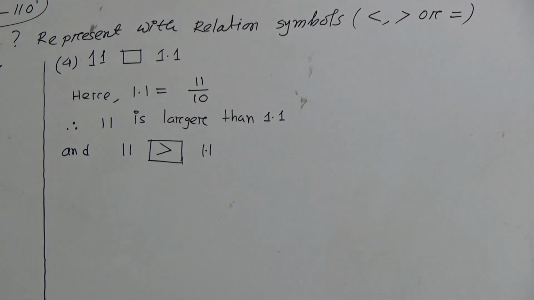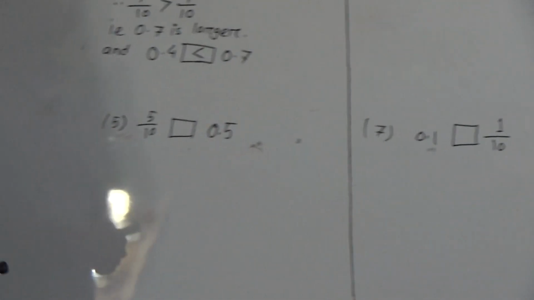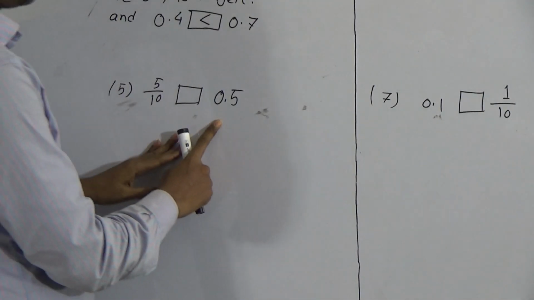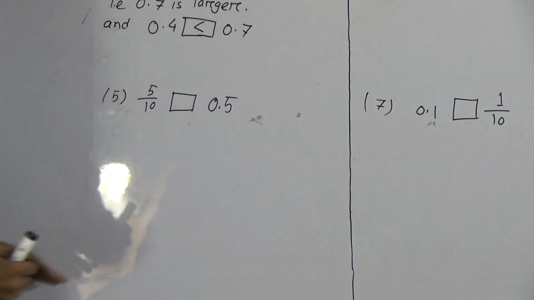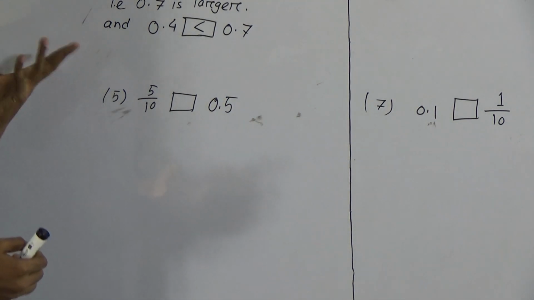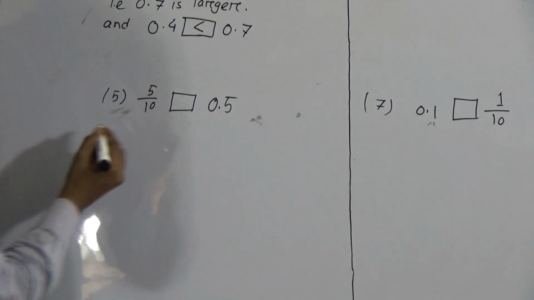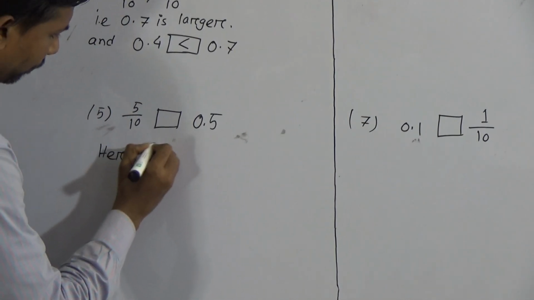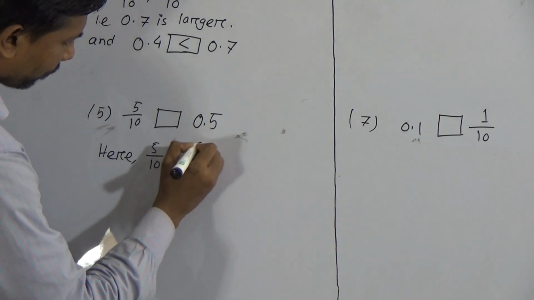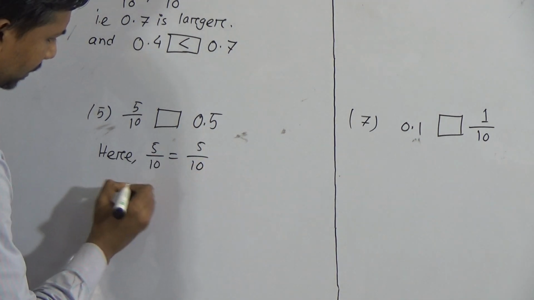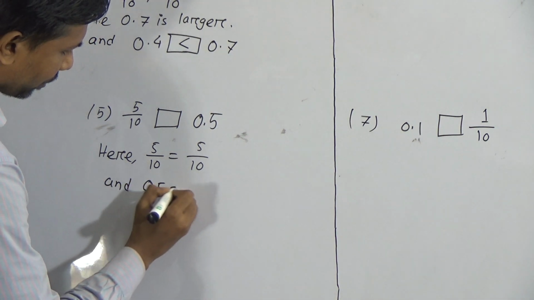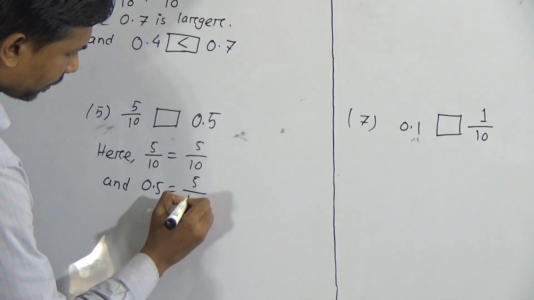Now look at question number 5. 5 by 10 blank 0.5. Now we have to identify which is larger. Look right here, 5 by 10 is equal to 5 by 10, and 0.5 is equal to what? 5 by 10.